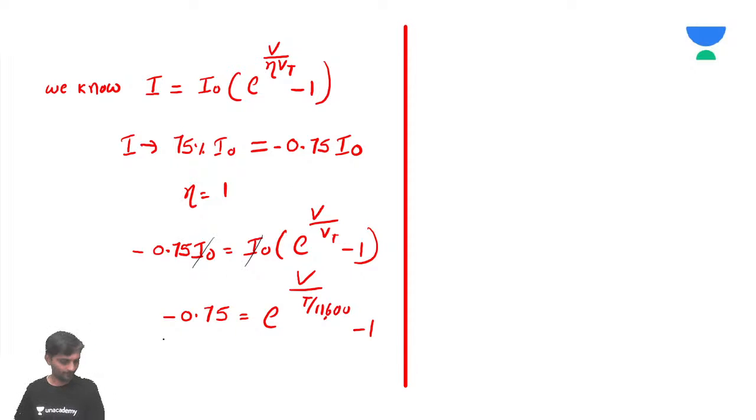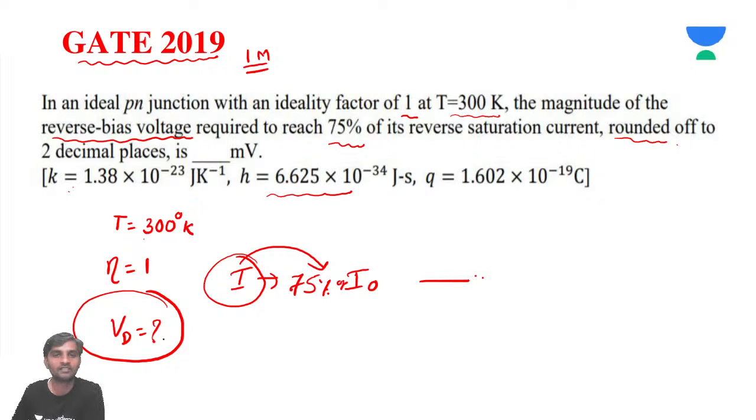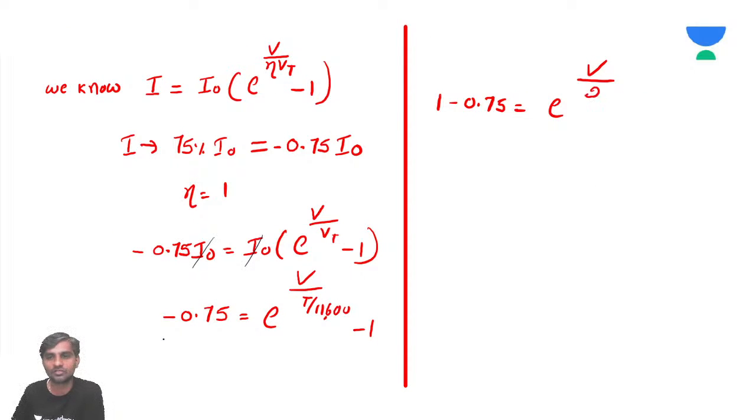If you bring the minus 1 to this side, we get 1 minus 0.75 is equal to e power V by Vt. Did you mention any temperature? Taking 300 K, we'll take Vt as 26 millivolts, 26 into 10 to the power of minus 3.